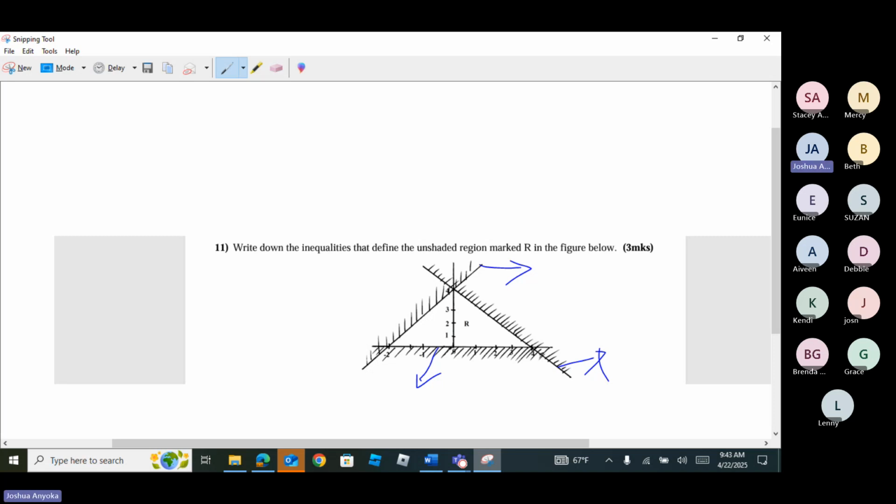I don't want to say inequality 1. Yes, somebody?